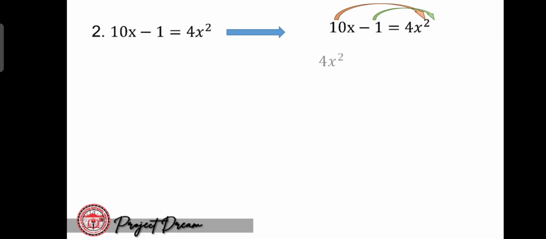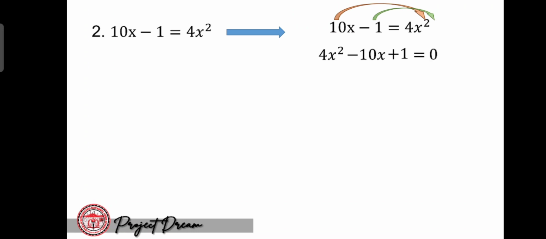Let us copy 4x squared, and so from positive 10x, it becomes negative 10x. And from negative 1, now it becomes positive 1 is equal to 0.